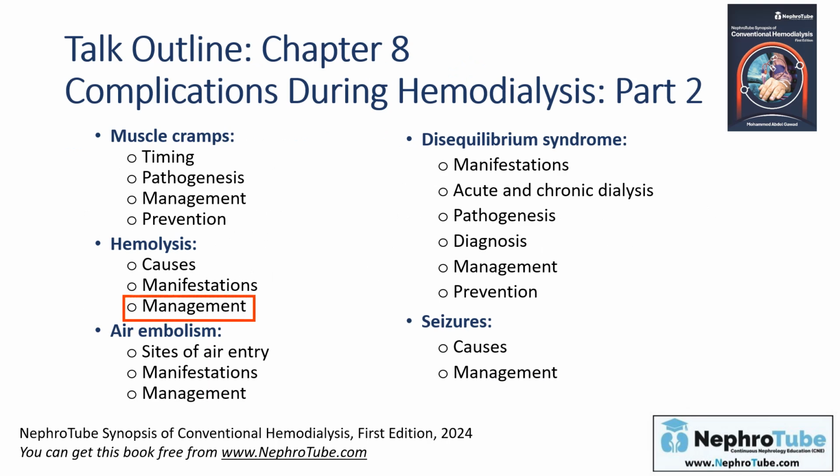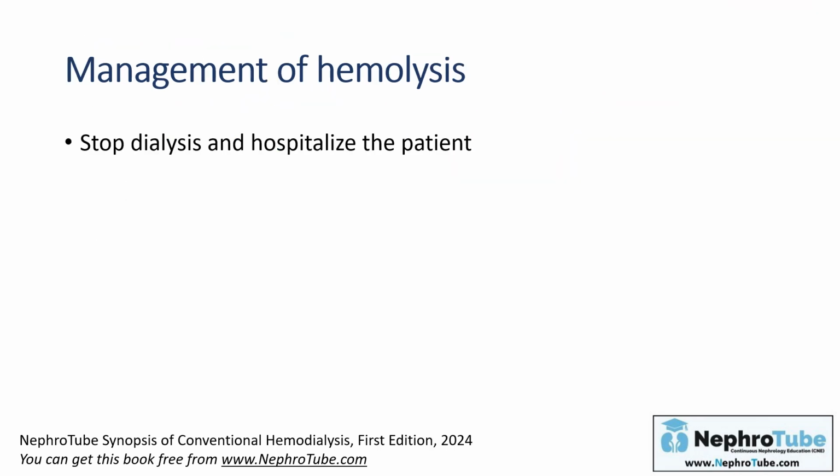What about the management? If you have a patient with hemolysis, or a group of patients, first of all, you have to stop the dialysis and hospitalize the patient. An important point is that when you stop dialysis, the bloodline should be clamped, and the blood in the blood circuit shouldn't be returned to the patient, as the circuit contains hemolyzed blood that has a very high potassium content, and it shouldn't be reinfused to avoid severe hyperkalemia.